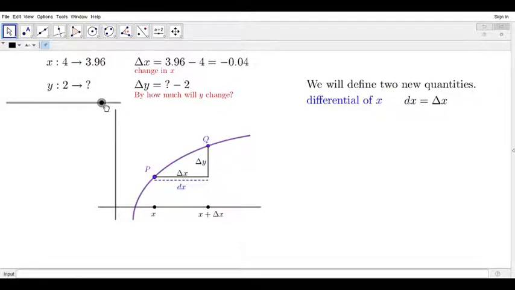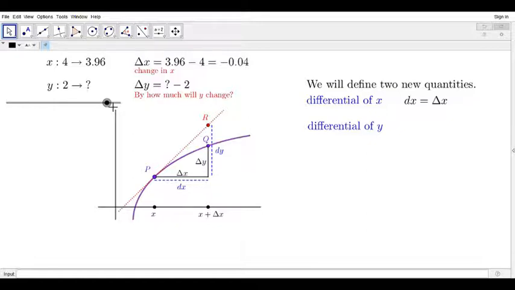Draw the tangent line to the graph at the point P. Let R be the point on this tangent line after changing the original x value by delta x. So if the new x value is x plus delta x, then on the graph of f, the corresponding new point is Q. On the tangent line, the corresponding new point is R. The differential of y is then defined to be the amount by which the y-coordinate from P to R is changed.